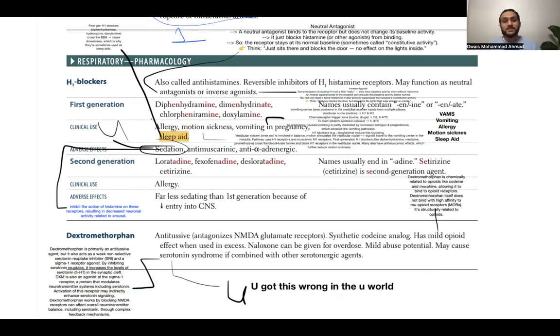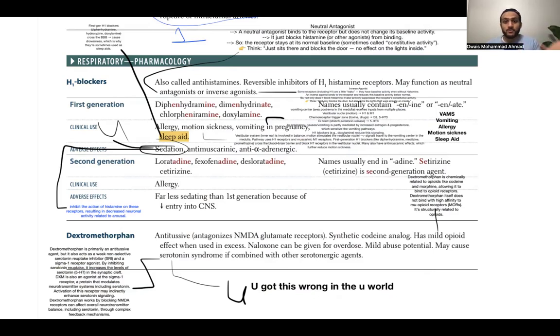The next uses are motion sickness and vomiting in pregnancy. I want you to know two things about first generation antihistamines: one, they cross the blood-brain barrier, and two, they have other effects apart from blocking H1 receptors. For example, for motion sickness or vomiting in pregnancy, they also block muscarinic receptors.